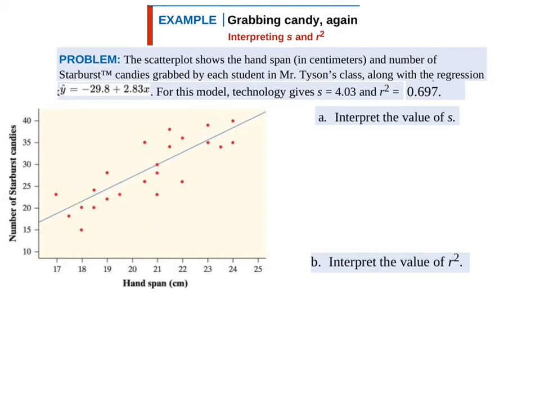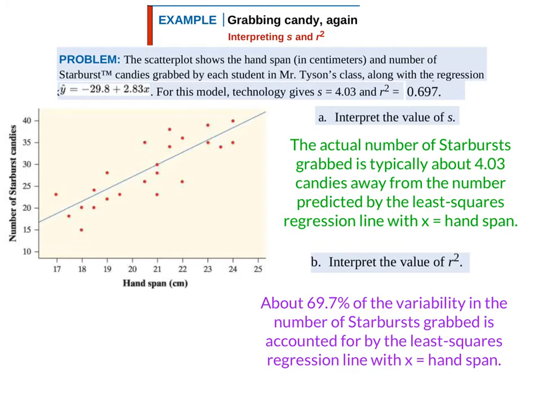So we're going to interpret the value of both. Here's how both shake out. So S, remember, has to do with standard deviation. Like, how far away is our prediction from the actuality? How good is our prediction? So we would say the actual number of Starburst grabbed is typically about 4 candies away from the number predicted by the least squares regression line, where X is hand span.